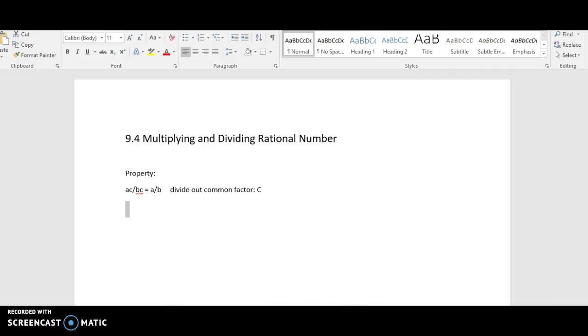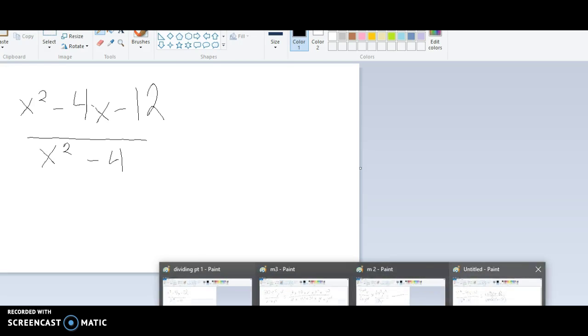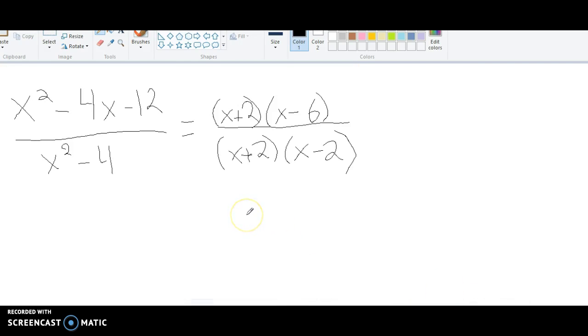Now we're going to do a few problems to help better understand this property. Our first problem is a division problem, and we have x squared minus 4x minus 12 over x squared minus 4. The first step is to factor the numerator and the denominator.